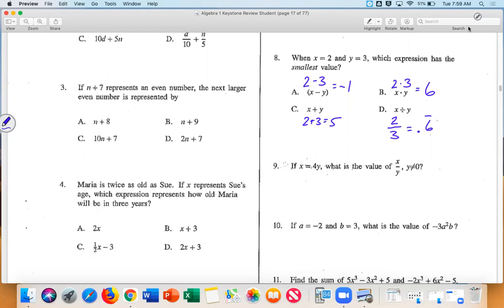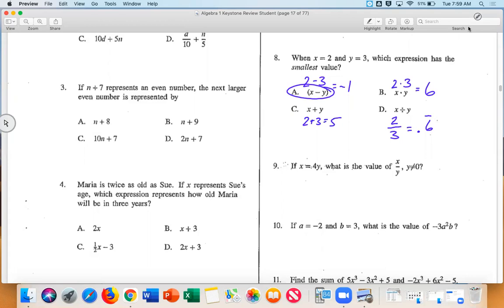So aren't negative numbers further to the left than positive numbers? Yeah. So the answer for this one would be A, because it is a negative number. Do you see that now, Emma? Yeah.